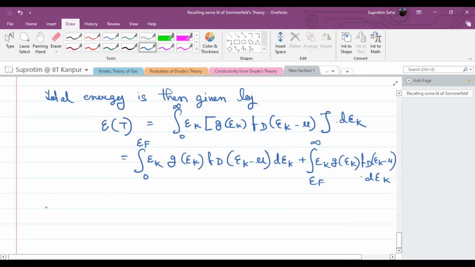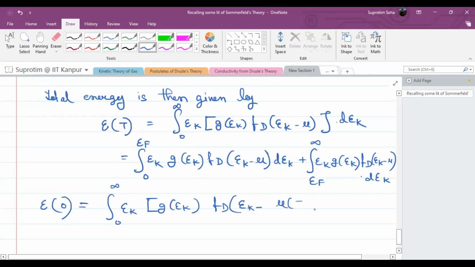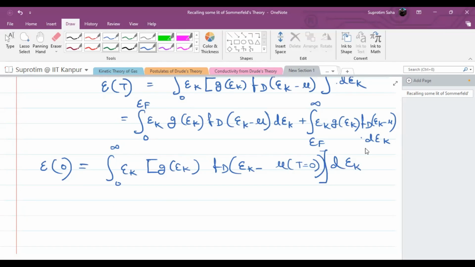On the other hand, the energy at zero temperature will similarly be given by the integral from 0 to infinity of Ek, g of Ek, where the Fermi-Dirac distribution is Ek minus mu at T equals 0, times d of Ek. All right, so this mu is your Fermi energy.